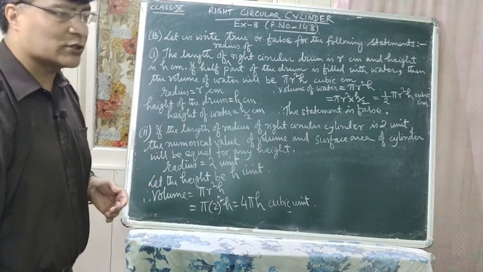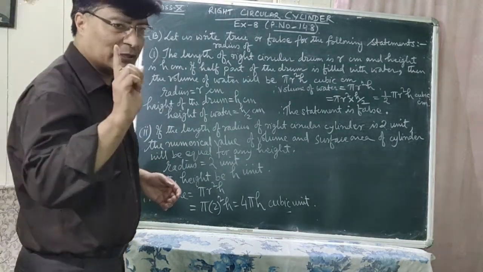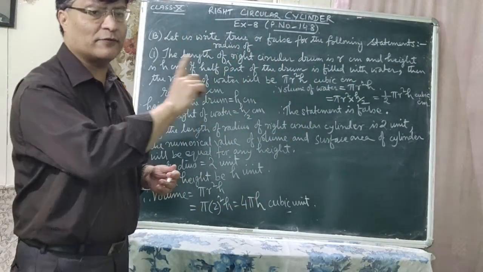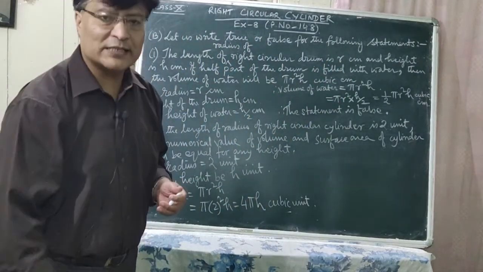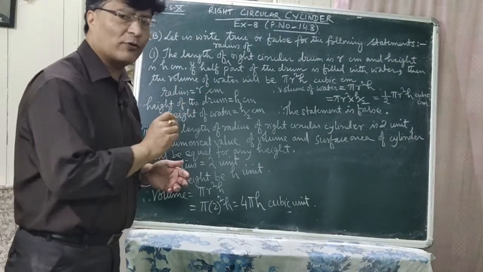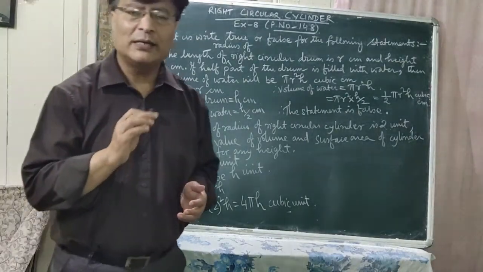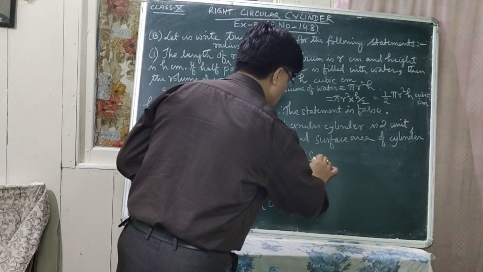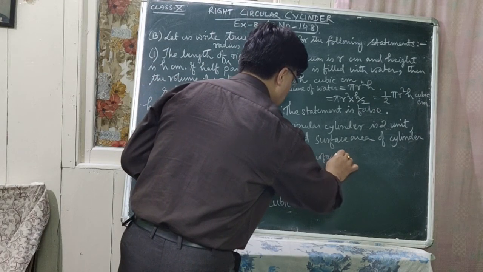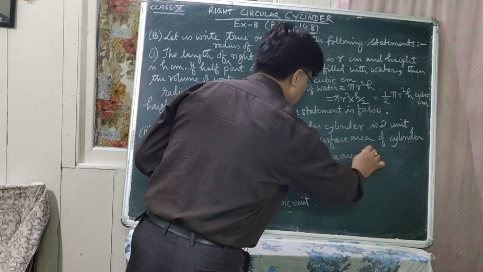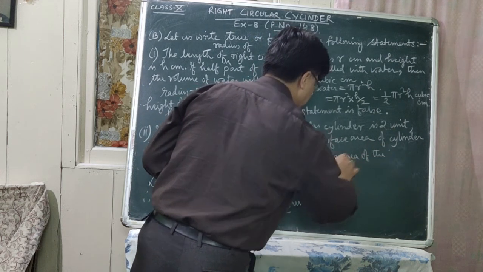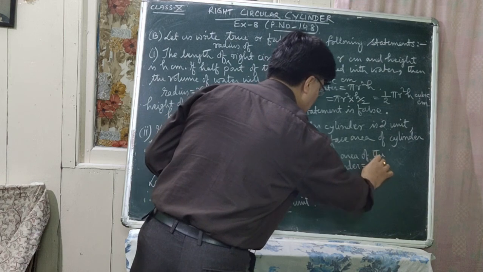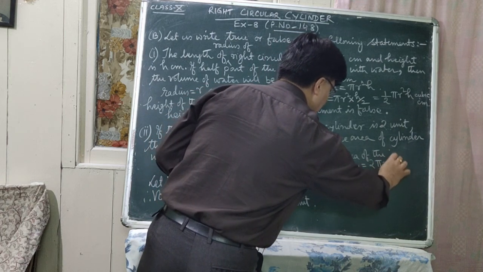Now let us find out the surface area of the cylinder. That means the surface area of the cylinder is the curved surface around it. So what is the formula for the surface area of the cylinder? It is 2 pi rh.